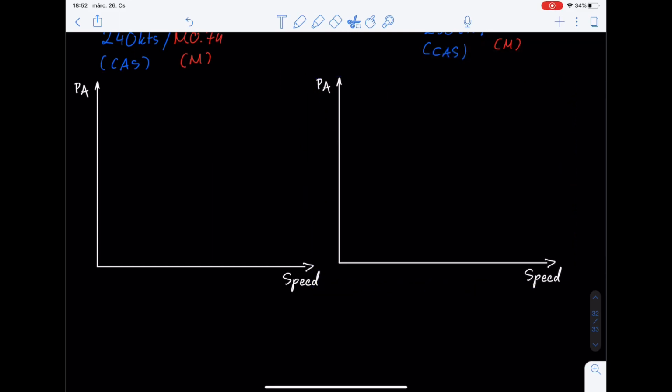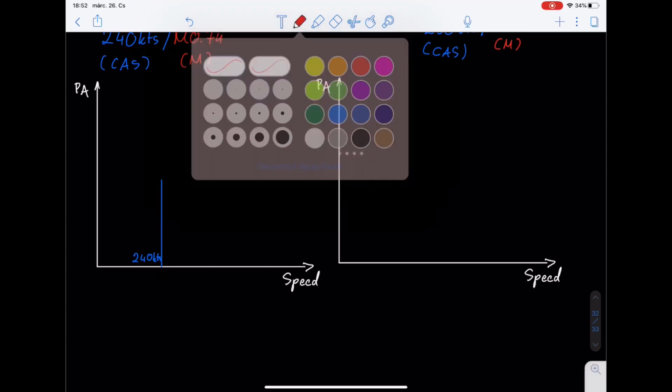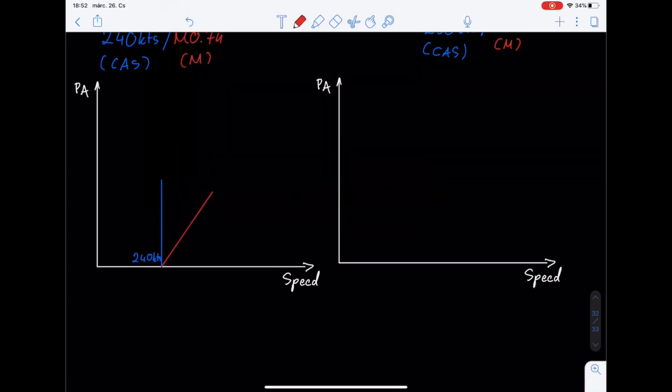Work smart, not hard. Okay, so here I'm climbing with a constant calibrated airspeed of 240. So I began from 240 knots, and my Mach number is increasing.